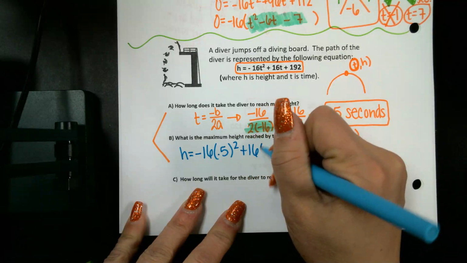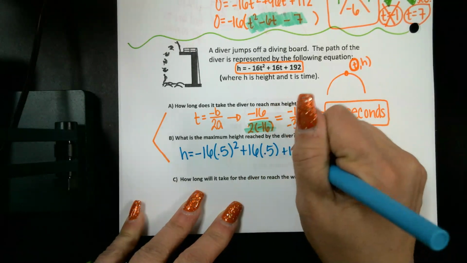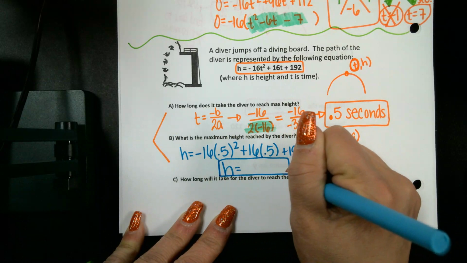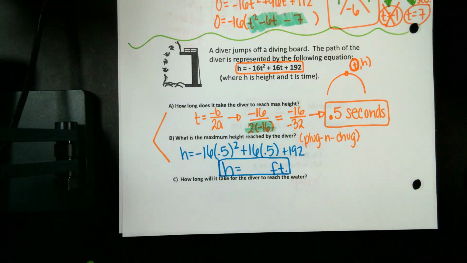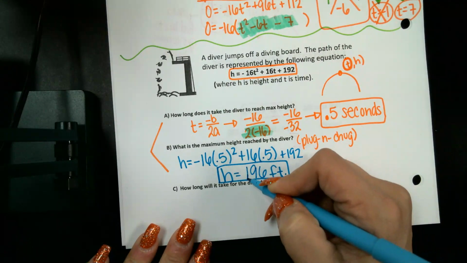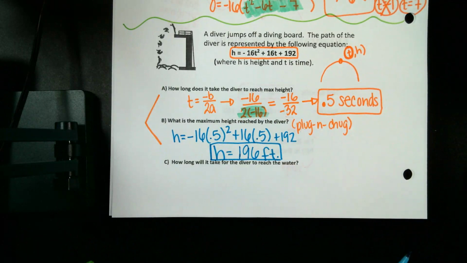Then plus 16 times another 0.5 plus 192. You should get 196 feet. Yep.